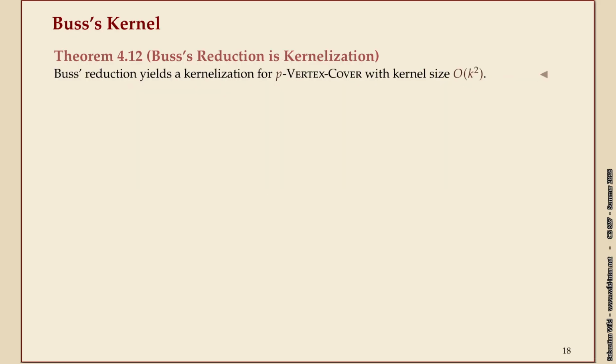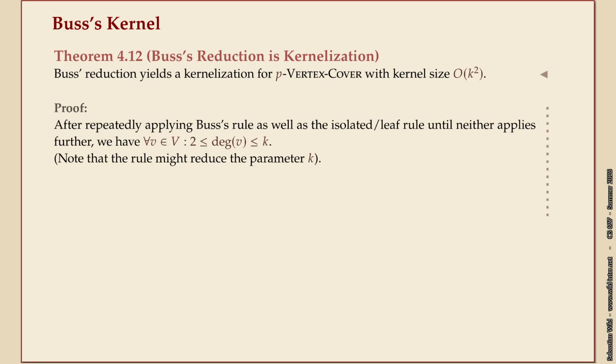So let's convince ourselves that this reduction we've seen before, reducing the high degree vertices, already gives us a kernelization for vertex cover. And we can even say something about the size of the resulting kernel. What I mean by this is that we repeatedly apply the rule. This is important.